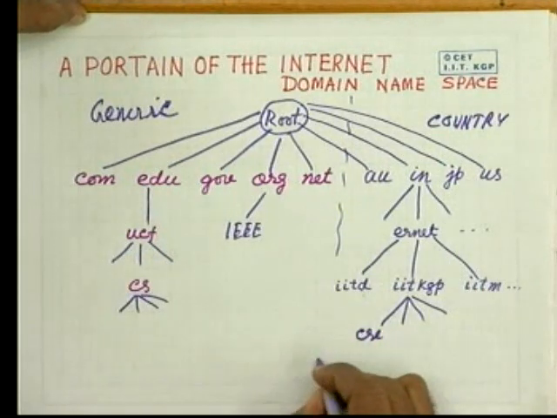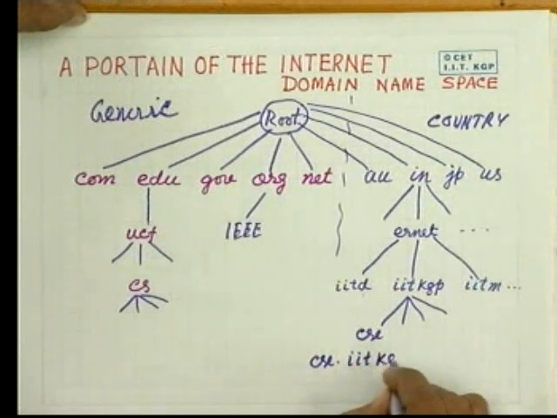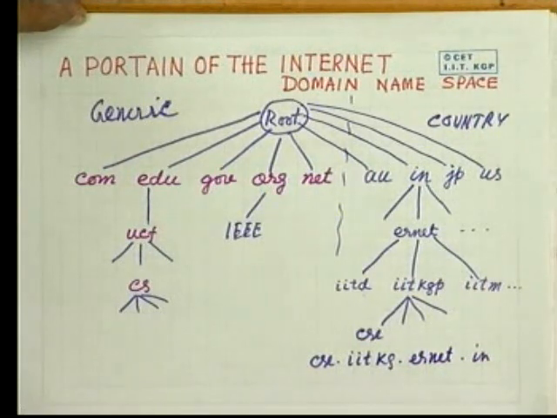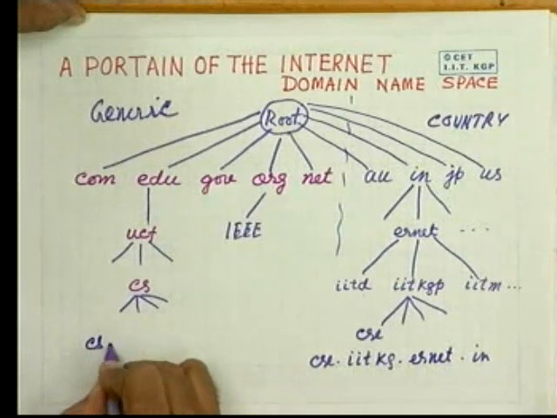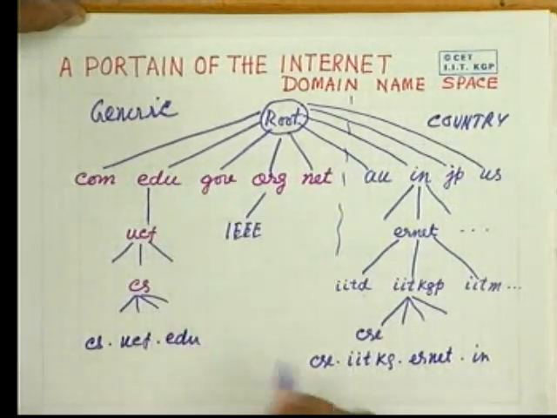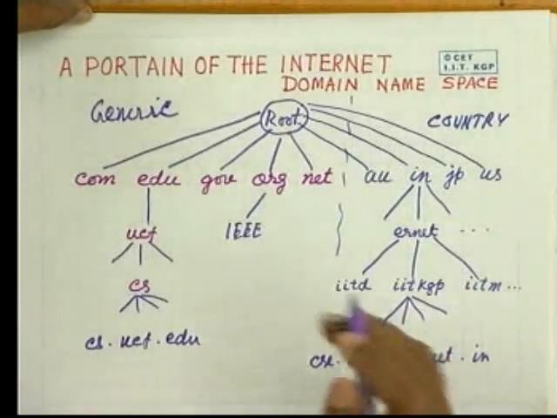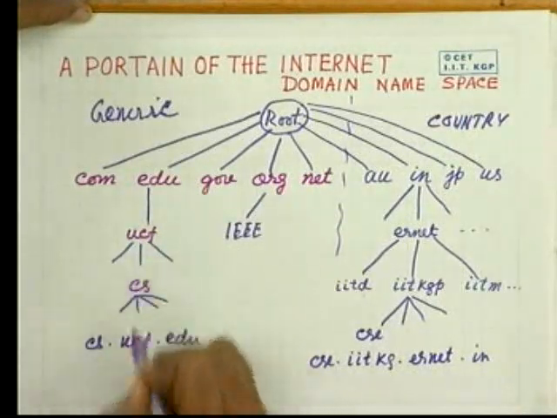So the name of that system is cse.iitkgp.earnet.in. Similarly, here the name will be cs.ucf.edu. Now suppose I am a user under this CSE system, and I want to send an email to my friend in the University of Central Florida working in the computer science department.